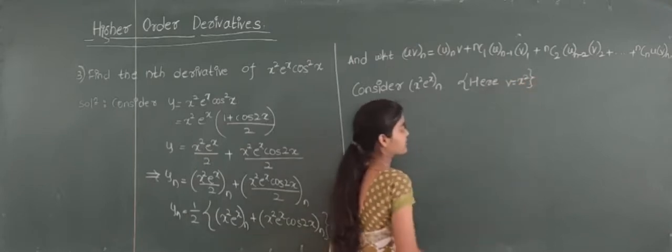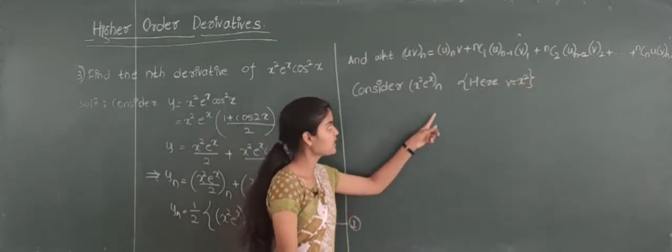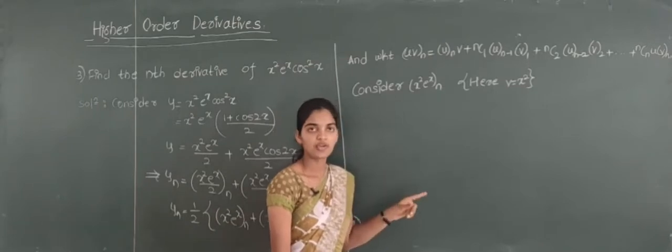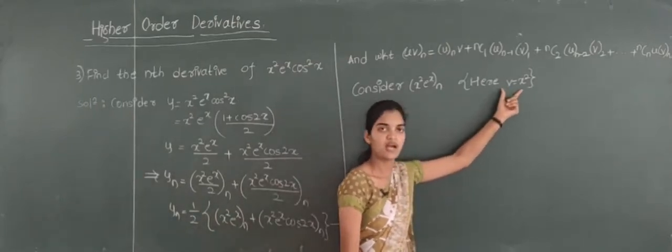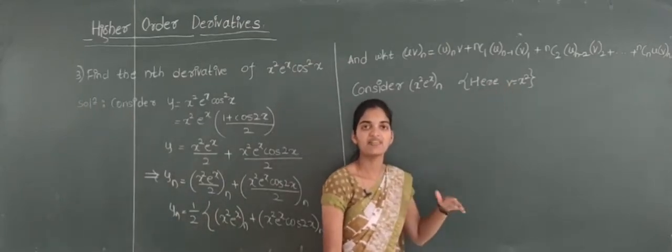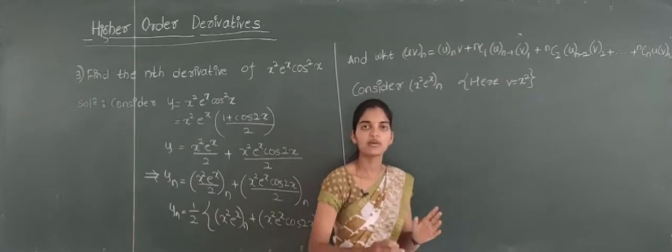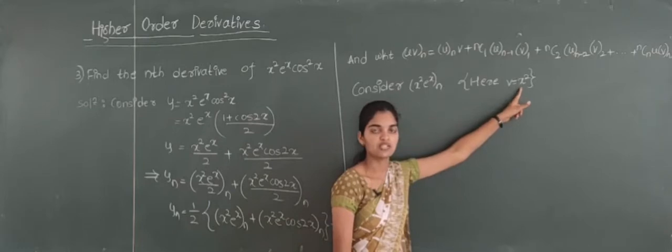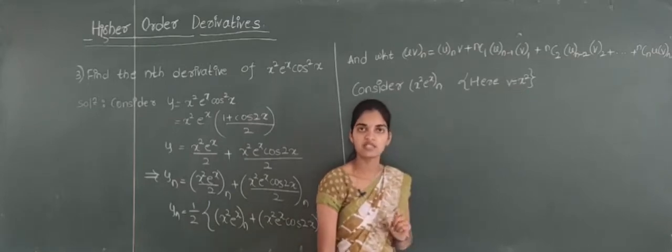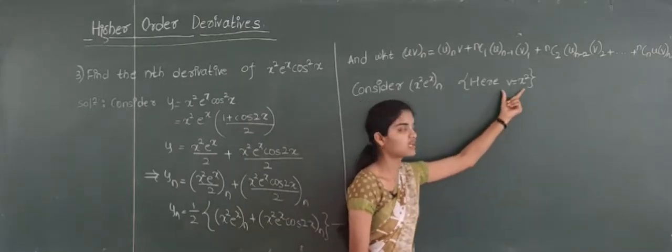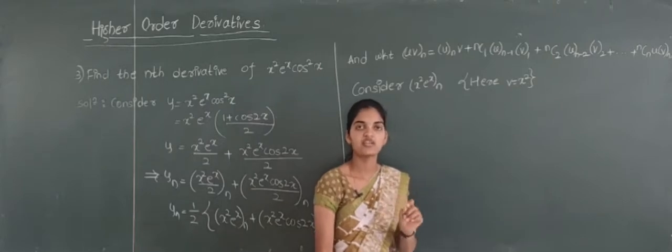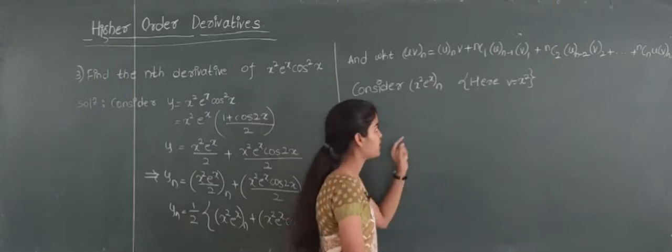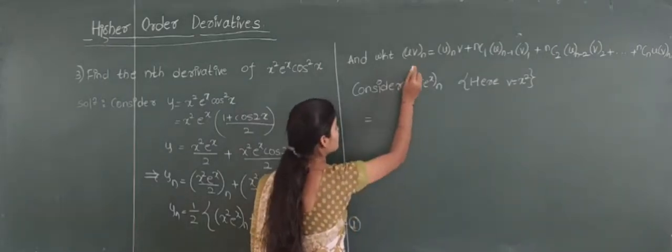Why have I considered v as only x square, not as e raised to x? Because this v function we have to consider in such a way that after some steps its derivative becomes 0. Yes, after the second derivative, the third derivative of x square becomes 0, no? So that's why we have taken v as x square and not e raised to x. Now proceed by using this formula. What will we get?